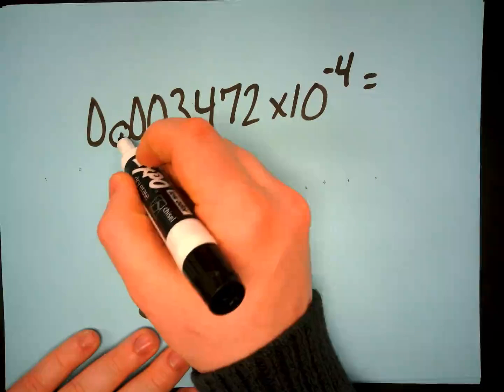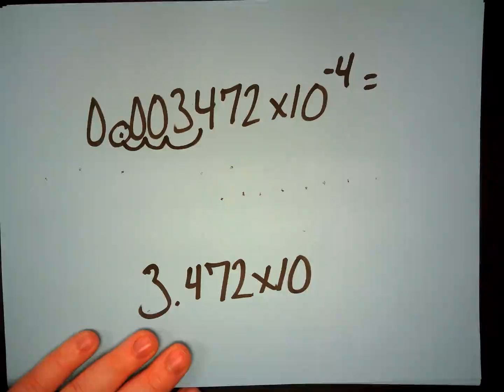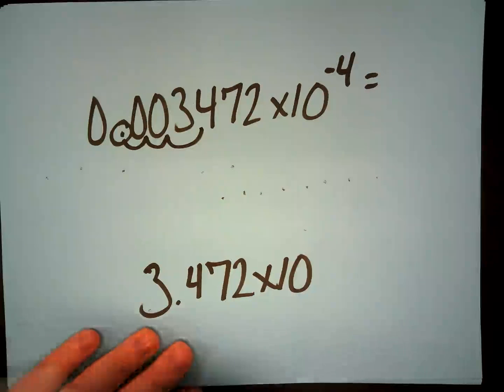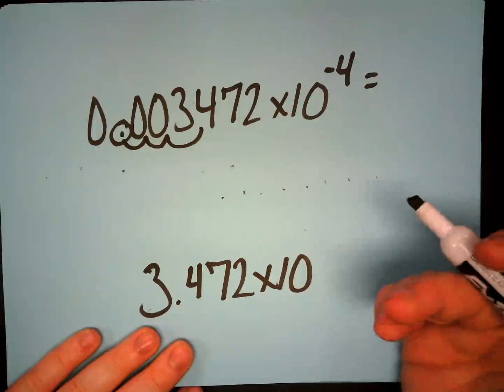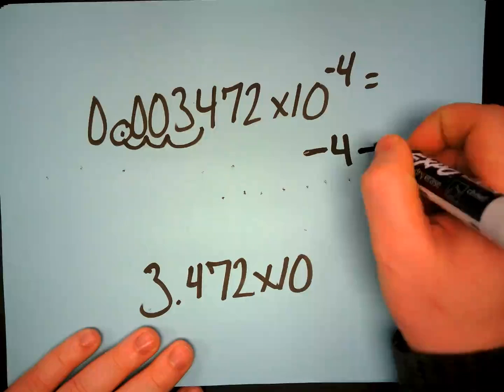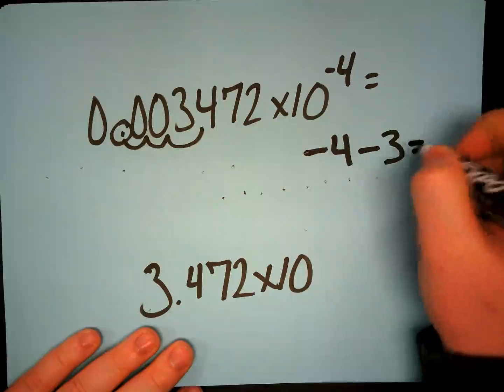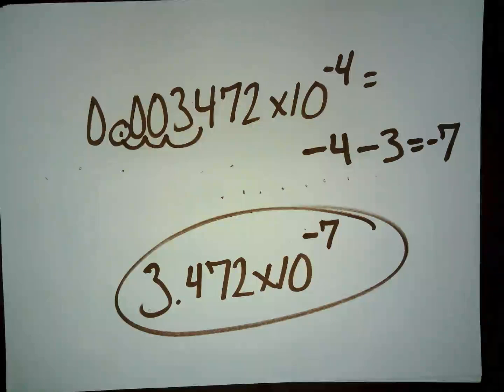So I'm going to move this 1, 2, 3 spaces to the right. So if I move it to the right, I subtract. Move it to the left, I add. So I am going to subtract in this case. So it's going to be a negative 4 minus 3, which is going to give me a negative 7, which is 100% correct with what we got last time.